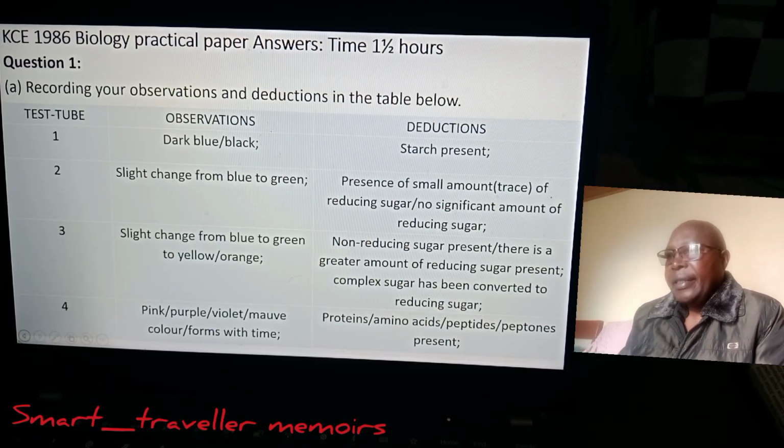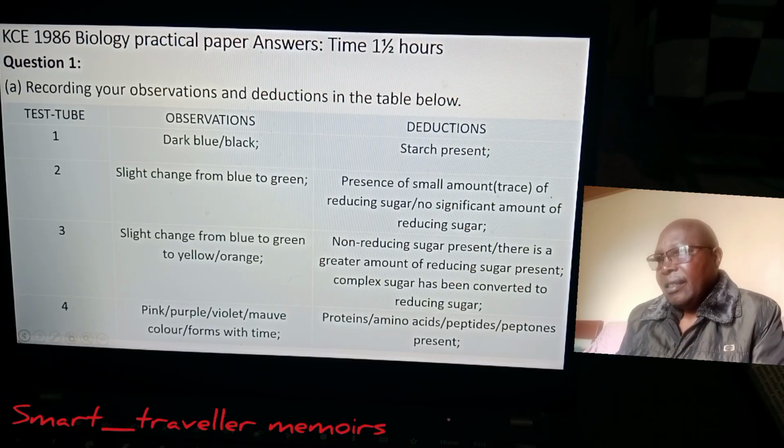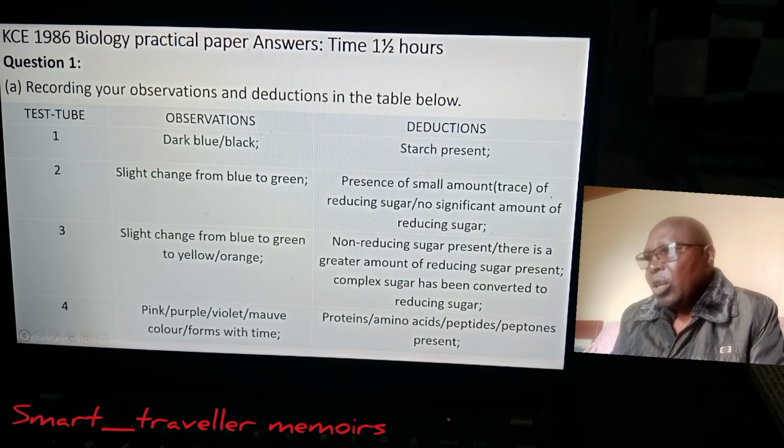Test tube number 1. The observations were dark blue, or you could have seen black, and the deduction is starch present. Number 2, slight change from blue to green, and you deduce that there is presence of a small amount or traces of reducing sugar, or you just say no significant amount of reducing sugar.